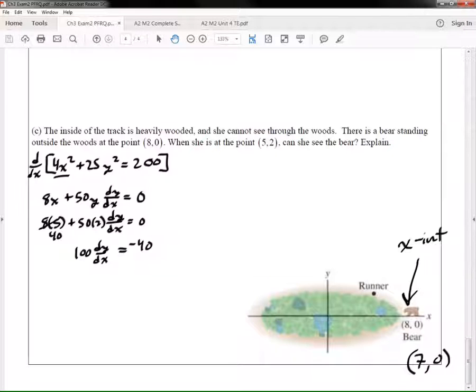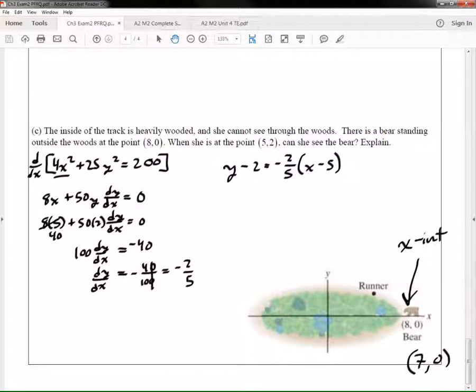Then I divide both sides by 100, so I get dy over dx equals negative 40 divided by 100, which is just 4 divided by 10, which is just negative 2 over 5. Okay, I shouldn't box that. That's not my answer. That's my slope. Now, in order to write a tangent line, I just need a slope and a point. So we have y minus 2 equals my slope times x minus 5.